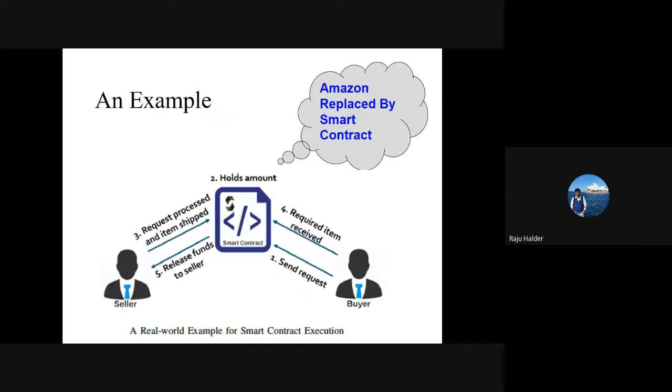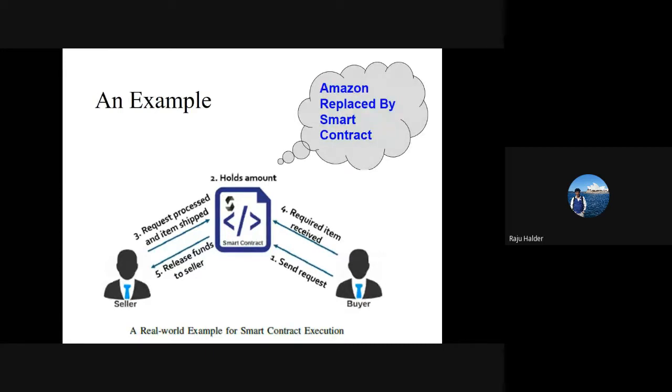One example is how this smart contract code will significantly, drastically change whatever we feel. For example, currently we are using Amazon. How does Amazon work? Amazon is a centralized authority. Because Amazon is a very popular company, that's why we trust Amazon, right?